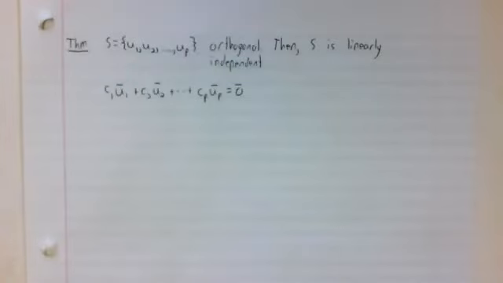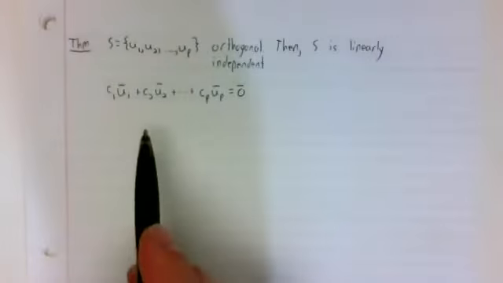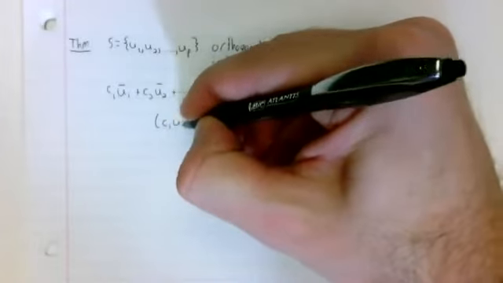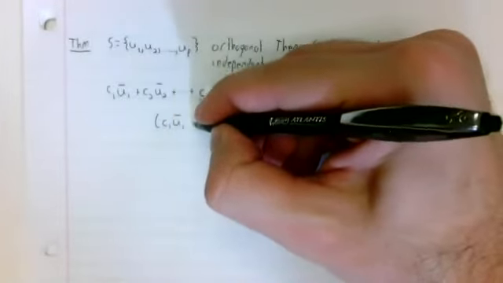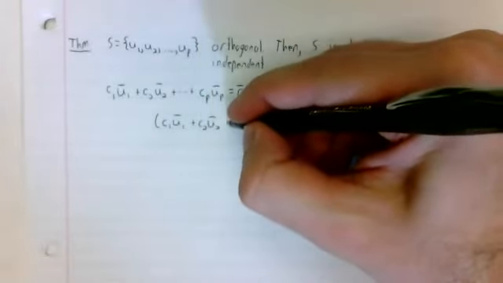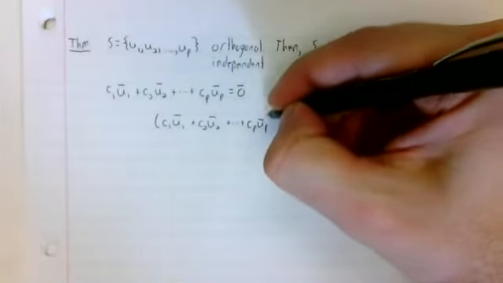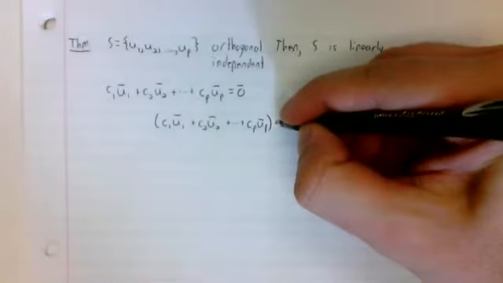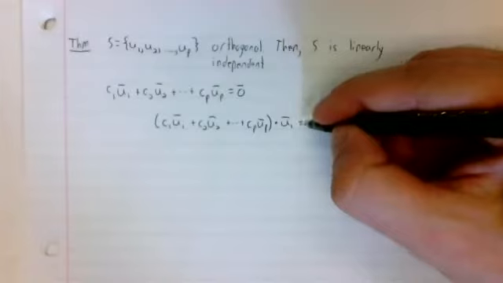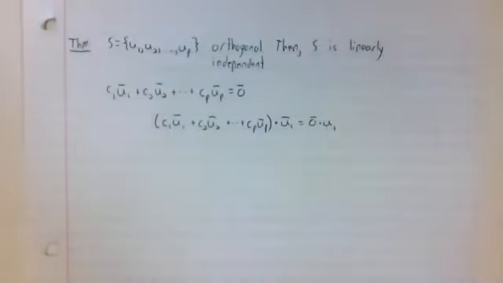Let's take a dot product. In particular, let's take both sides of this equation and dot product it with u sub 1.